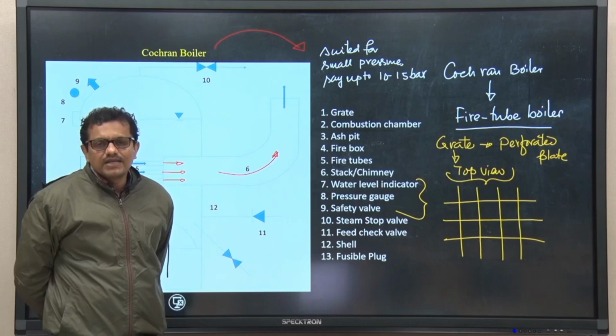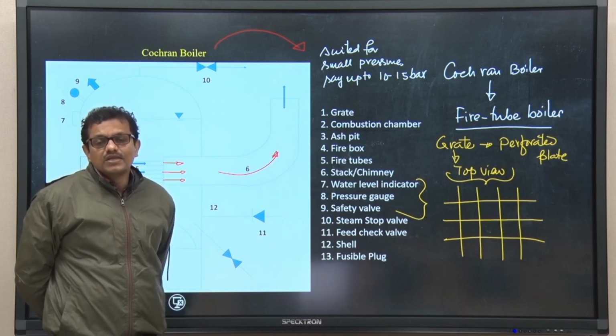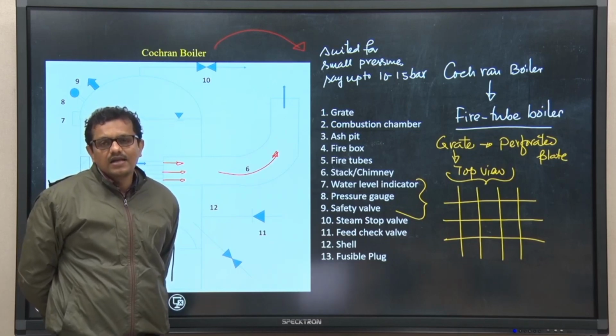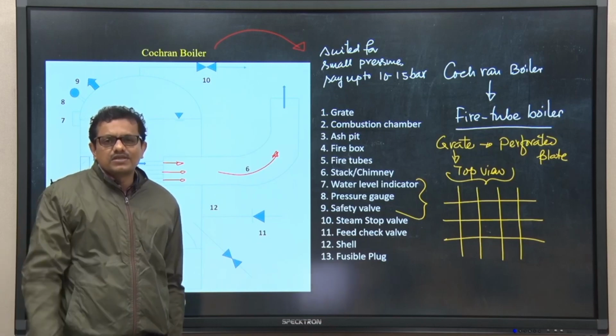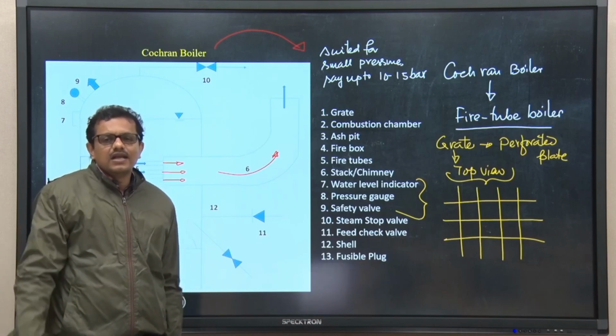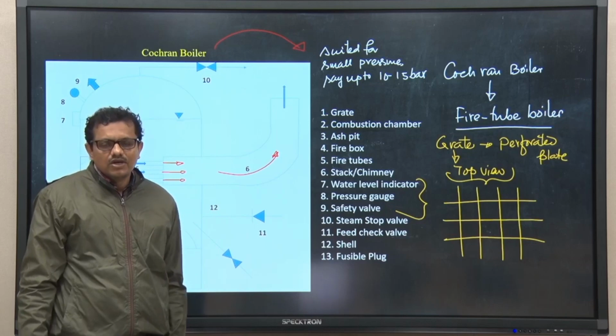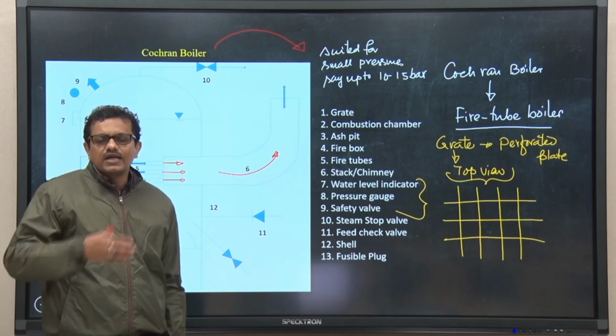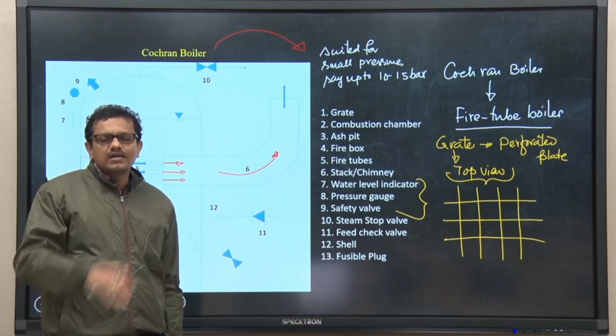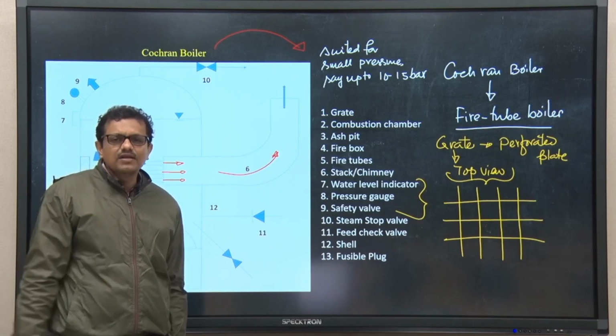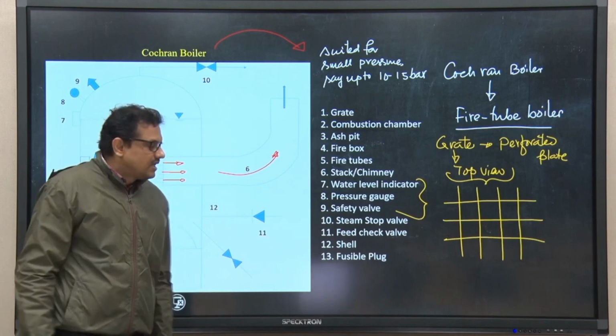That temperature may lead to the generation of thermal cracks, the components will start malfunctioning and the lifetime of the components will reduce. So, the water level indicator is there only to indicate that the drum is having a constant water level.